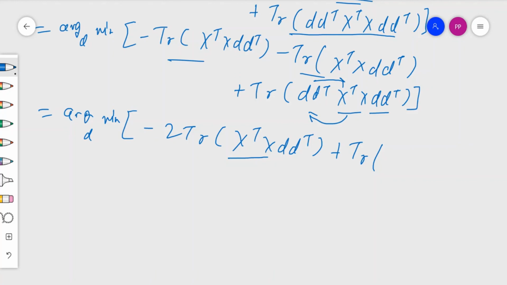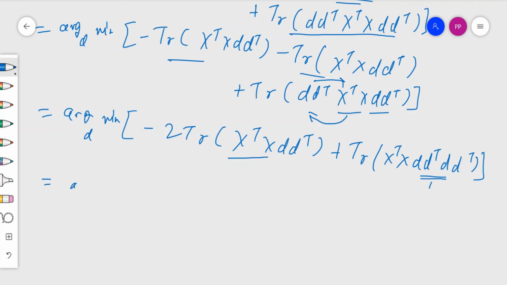So in that case we will have X transpose X and D transpose and D transpose. So from here we see that these two form the scalar quantity. Because D is normal, that scalar quantity is basically the value 1.